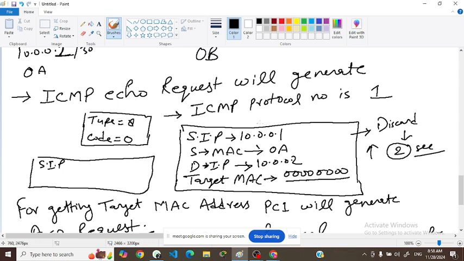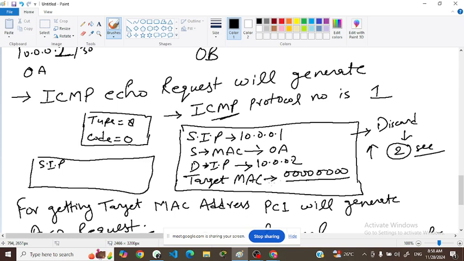You want to communicate with PC2. The communication will be by which protocol? ICMP protocol. Source IP will be 10.0.0.1, source MAC address will be 0A, destination IP will be 10.0.0.2.